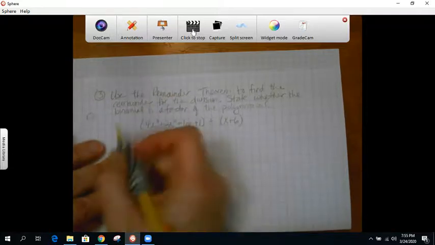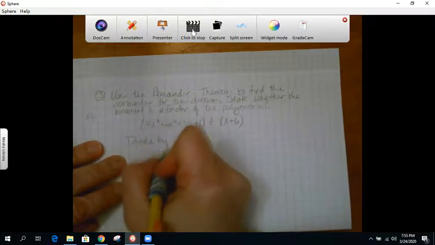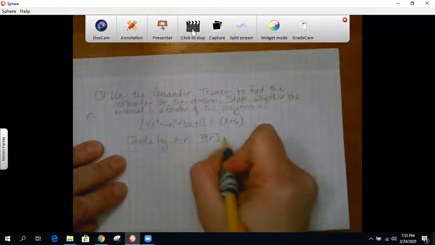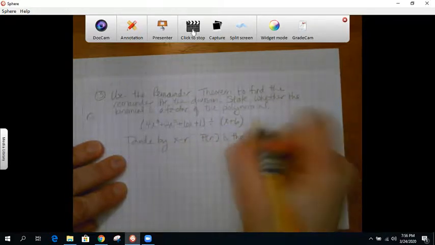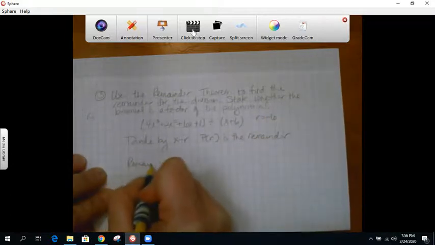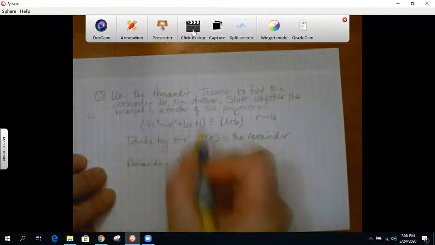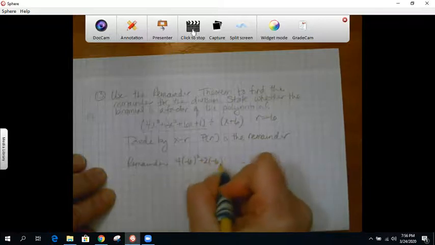The remainder theorem is that if you divide by something of the form x minus r, p of r is the remainder. So in this case, r is negative 6. So the remainder is what we get when we substitute negative 6 into our polynomial here for x.